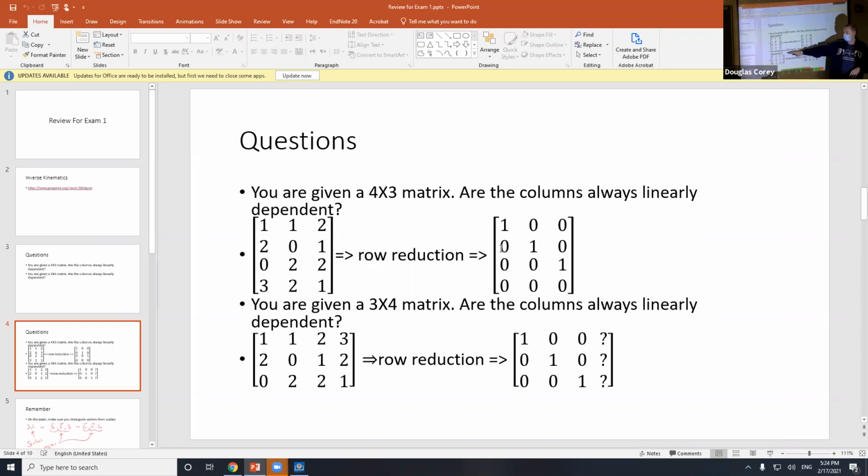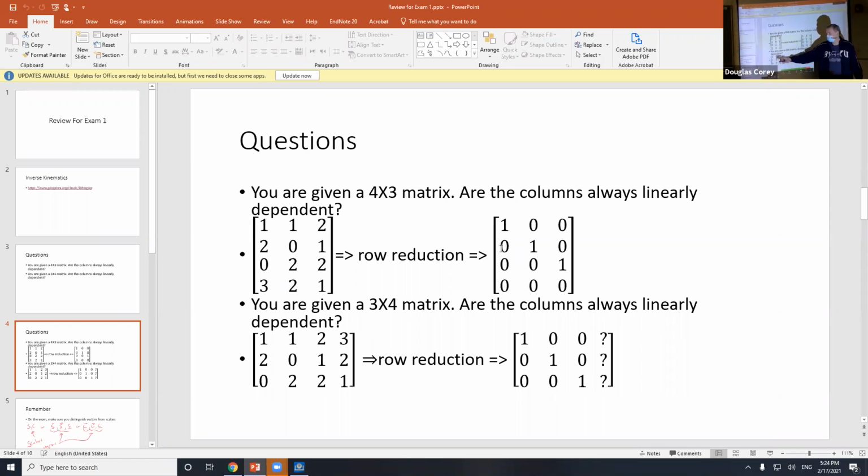But the 3x4 matrix is different. If I think about these columns, I've got 4 vectors, but I only have R3. I only have 3 dimensions. Best case scenario, my first 3 are independent, and I span R3. So I can get to any possible place. I can use those 3 to construct any vector in this space. But that last one, no matter what I add here, I can already get to that with these.